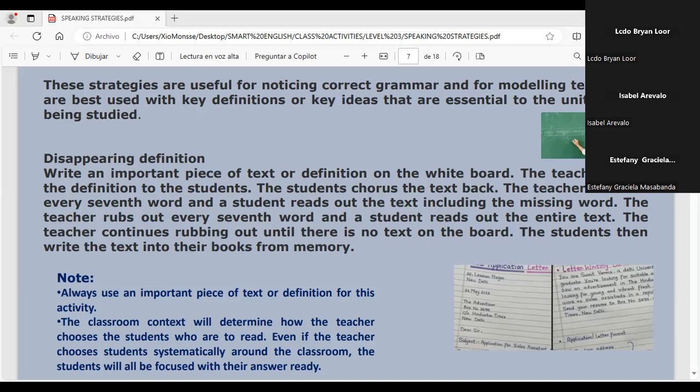Try to remember what the words are and read the paragraph with the words that I eliminated. And then you can continue eliminating words in order that they can remember, they can repeat the entire paragraph again. Okay, so then at the end you have them write, and you have eliminated a lot of words, right?